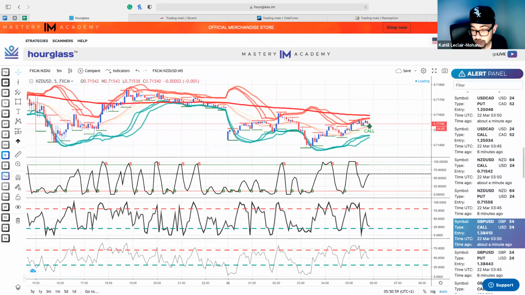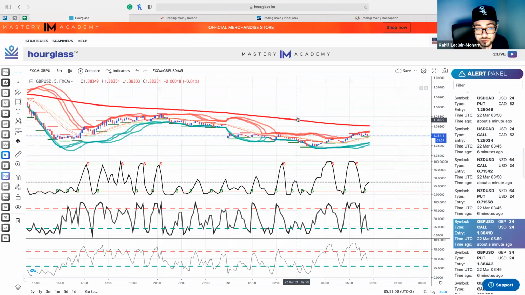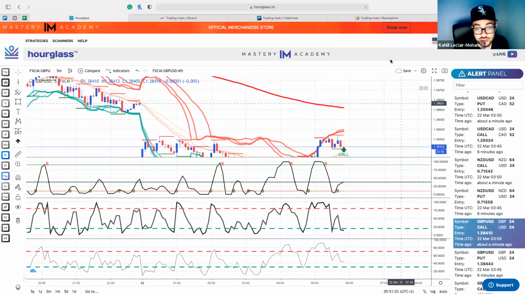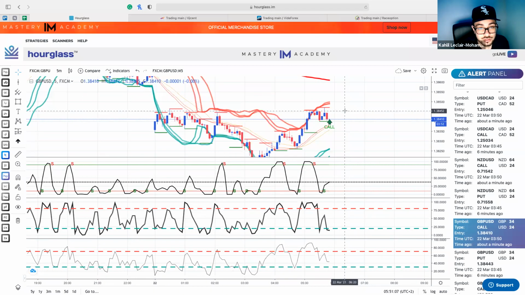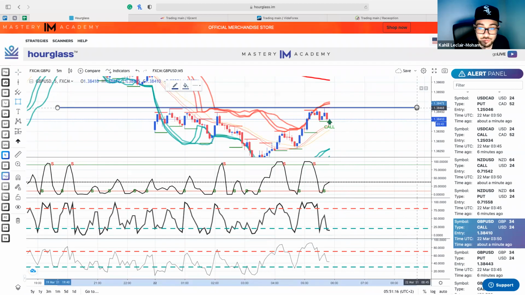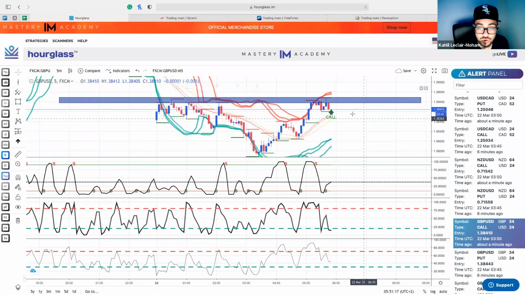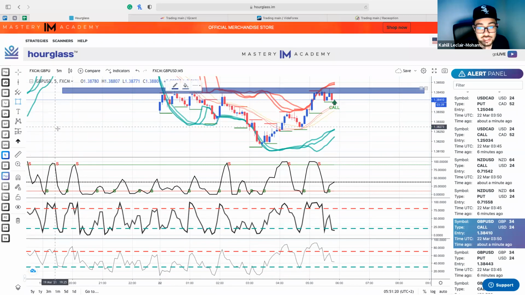Let's see if we can find something. I don't know if there's anything available. Another thing I want you to write down is that you don't always have to trade. If the market does not meet your conditions, you don't have to force anything. If you're not sure, just don't trade.